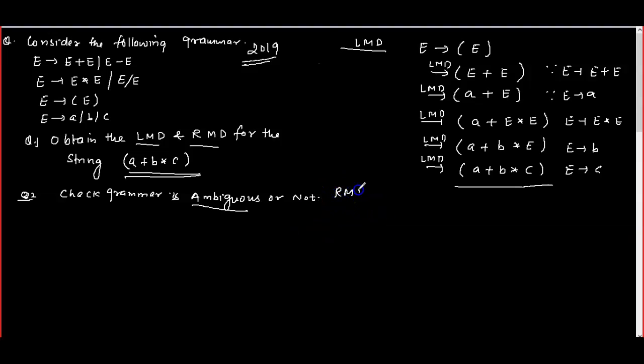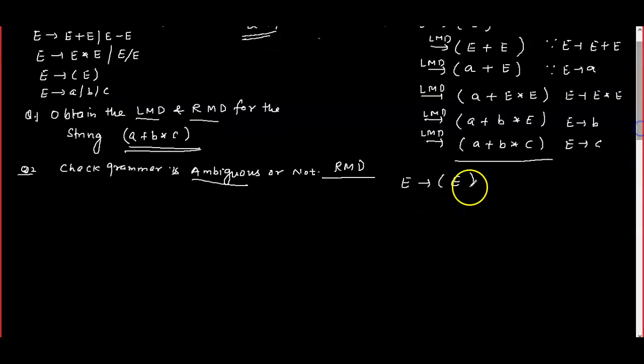Now the same string you derive by using the RMD. E derives, first we have to choose this open bracket, only one is there, so this E we have to choose. Now only one E is there, so we can substitute it. This E is E plus E. Since we have to go from the right-hand side, we substitute here.